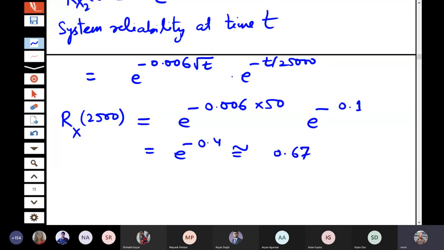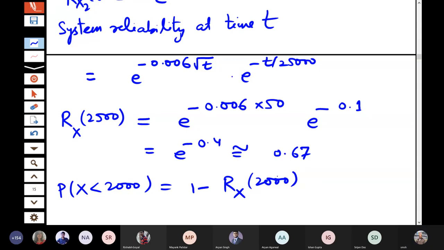Then the second question that is asked is what is the probability that the system will fail before 2000 hours. It is 1 minus the reliability of the system at 2000 hours. We have already calculated this, so in place of t, you just put 2000 there.